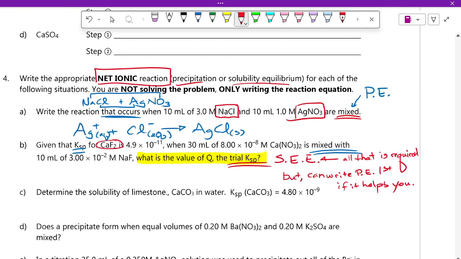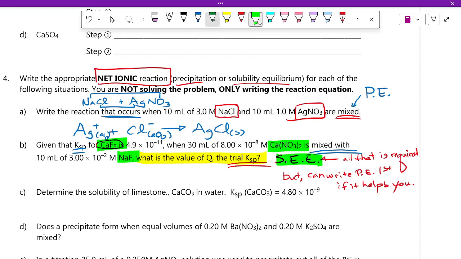So out of all those compounds listed there, if we are writing the C, which compound will be our solid? Will it be the calcium fluoride? Will it be the calcium nitrate? Or will it be the sodium fluoride? It's going to be the calcium fluoride because that's the one we have the KSP for.